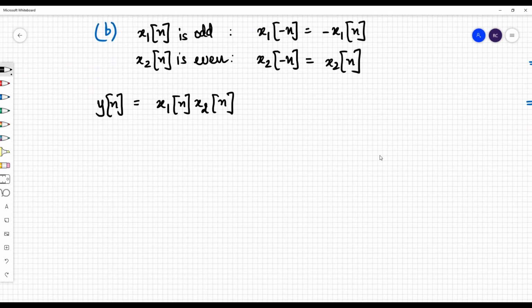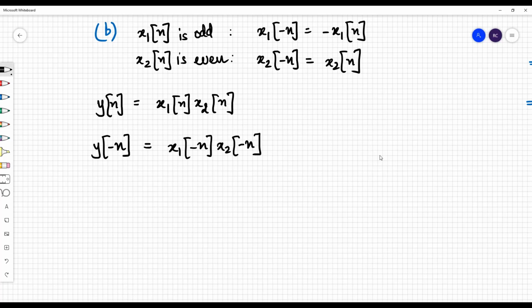Now, if y[n] was an odd signal, then y[-n] should be equal to minus y[n], right? So let's just see if that works. So y[-n] would be what? Wherever there is n, you need to replace it with minus n. That means x1[-n] and x2[-n].